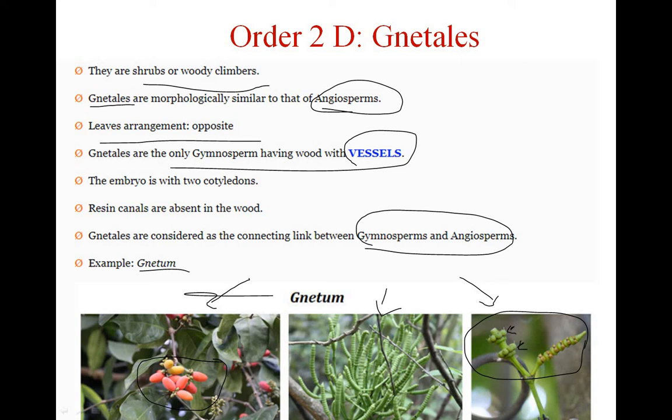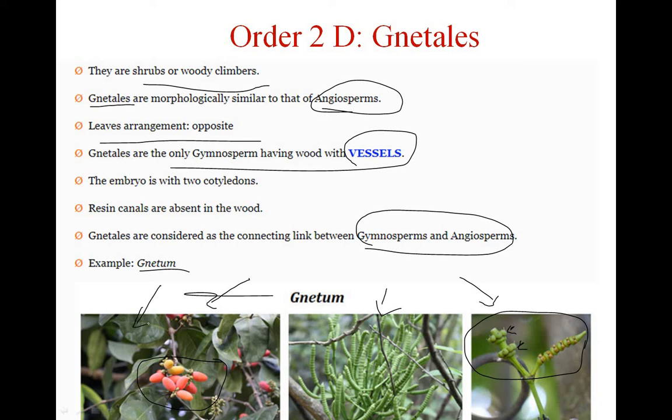This nature of the male cone and female cone is most of the time considered as a male inflorescence and a female inflorescence, though the term inflorescence is used for angiosperms and not for gymnosperms. So it is interesting to observe Gnetum in its wild habitat.